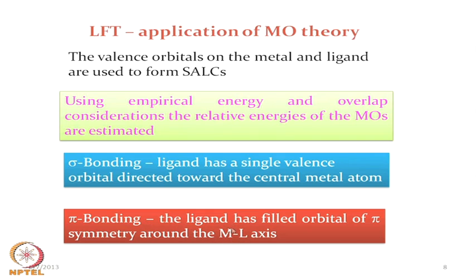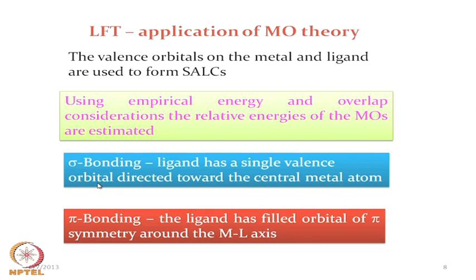When the ligand has a field orbital of pi symmetry, which is important, and so far we are not considering anything related to that, if it has a field orbital of pi symmetry around the metal-ligand axis, that electron density can be donated to the metal, and we can have the corresponding metal ligand pi bond.